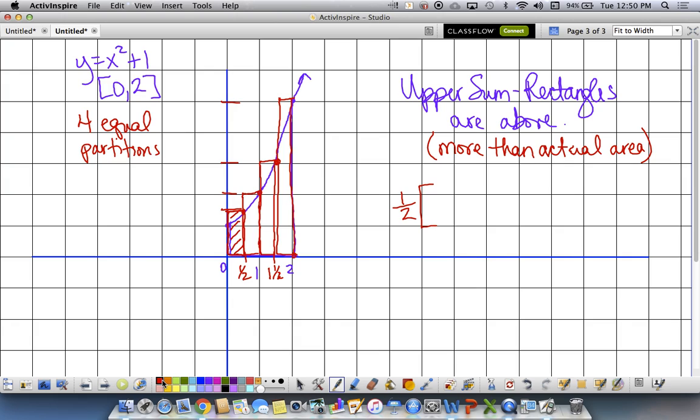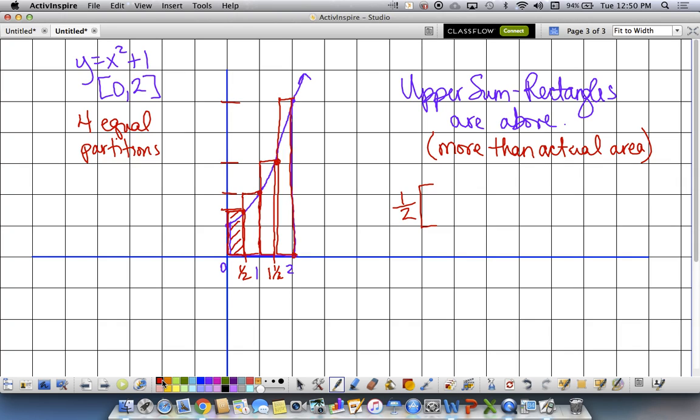We just need to know what height we are using. When we're using the upper sums, we will not use 0 like we did with the lower sum. If you look back at the lower sum, we didn't use the last one, did we? But with the upper sum, we will use the 2 and not the 0. Okay, does that make sense?